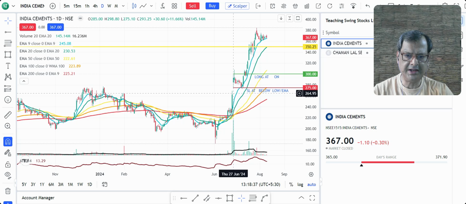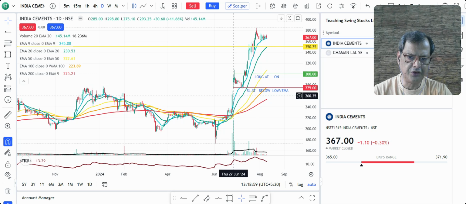Now, the ATR at this point is 13.25. So 13.25, or let's take it as 13. So they should have kept it at 262 or 261.75 or something. Now 261.75 is still far, far above the 9 EMA of 245.